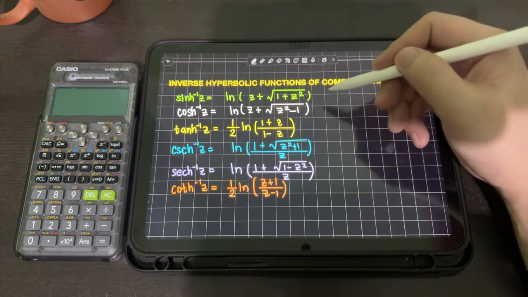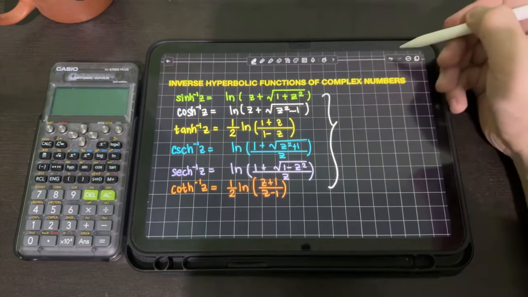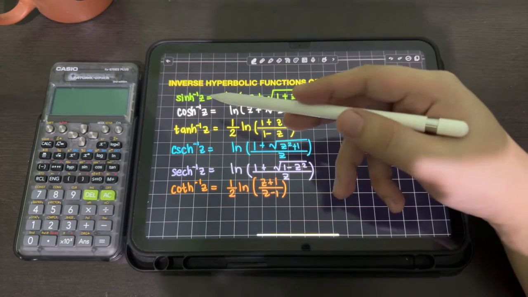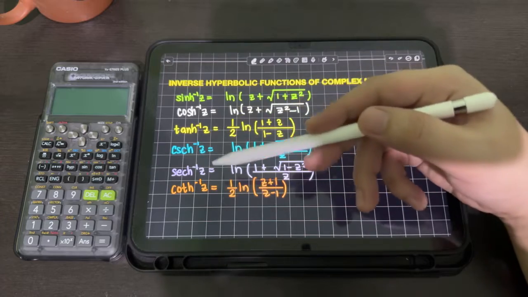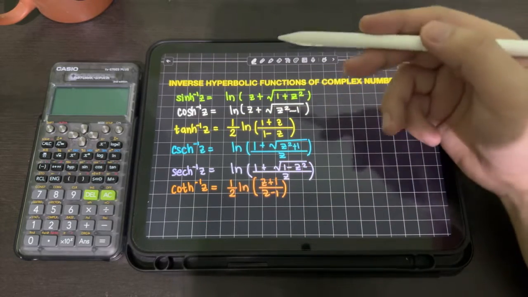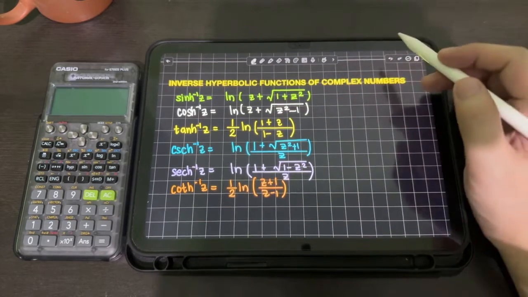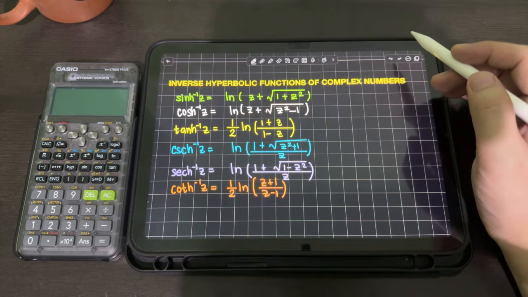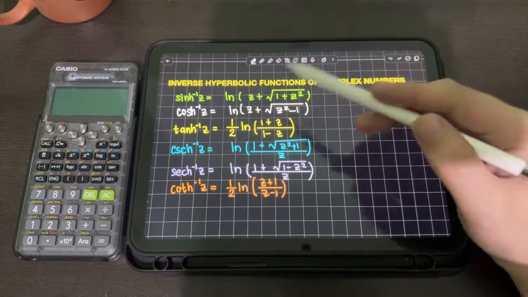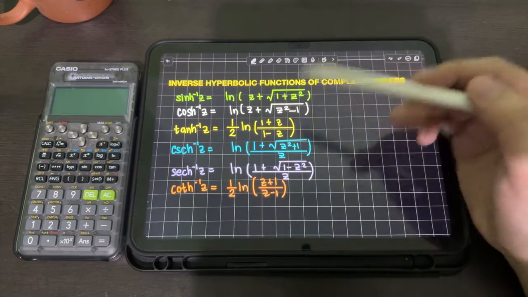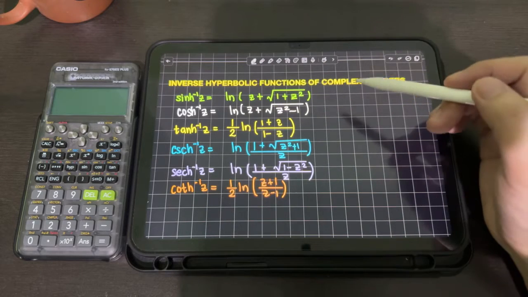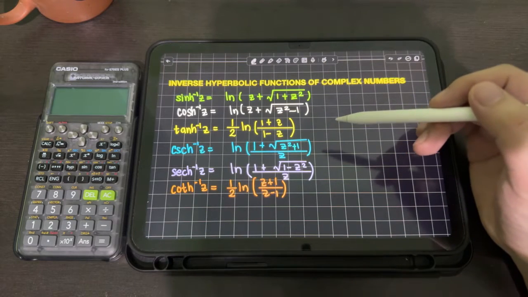So all you need to do is memorize these formulas and then evaluate each expression to find the final value of the inverse hyperbolic functions of complex number z. What do you notice? Just like in inverse trigonometric functions, we involve ln in all the formulas, meaning all of these inverse hyperbolic functions of complex numbers are multivalued.